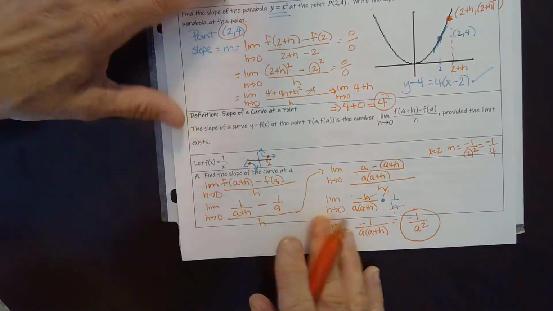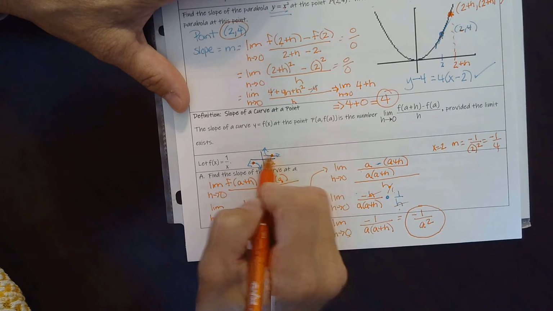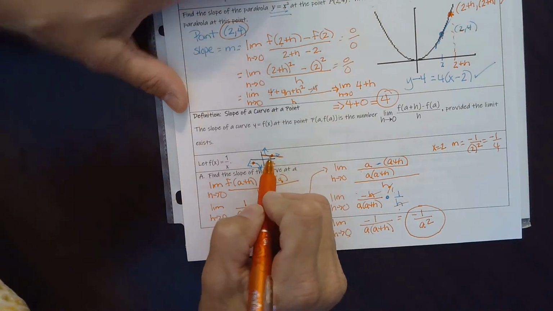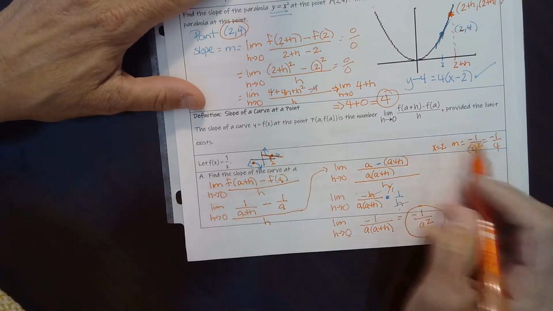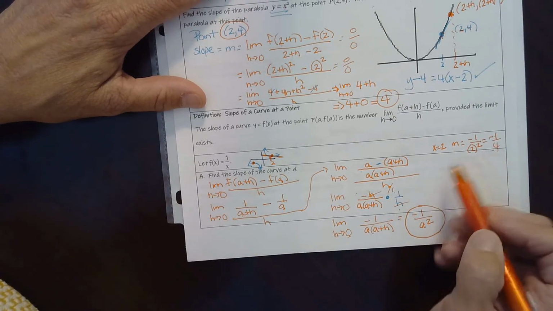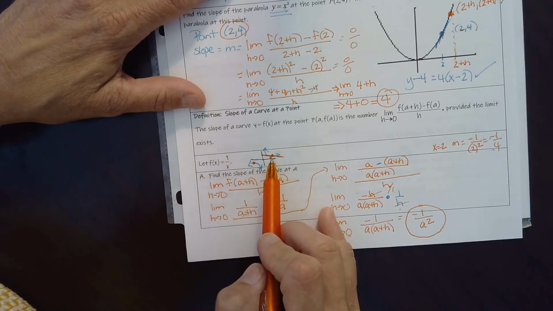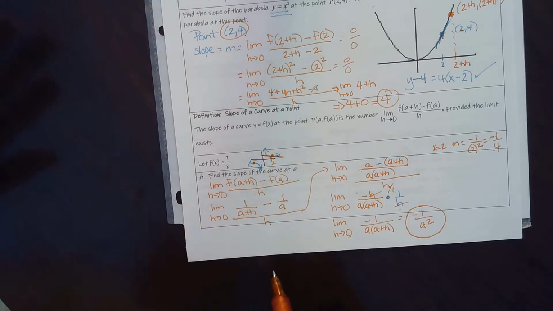I'm sorry that this is small, but does it seem reasonable that the slope of that tangent line would be negative, and a fraction less than 1? It does, because this line is very flat.